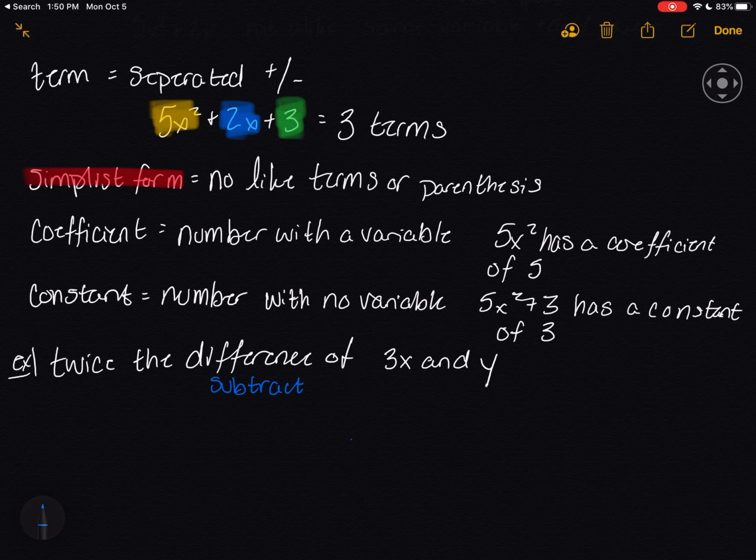So I'm taking 3x minus y, and twice means 2 times. So my answer then is going to be 2 times whatever the difference is. So I'm going to do twice whatever this difference is, which is 3x minus y.